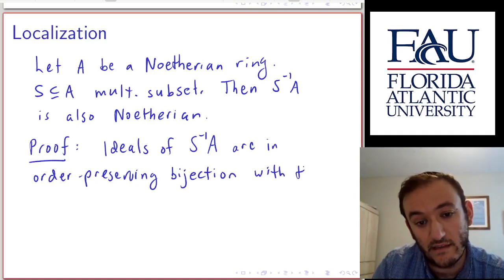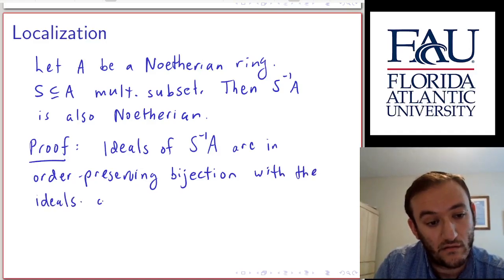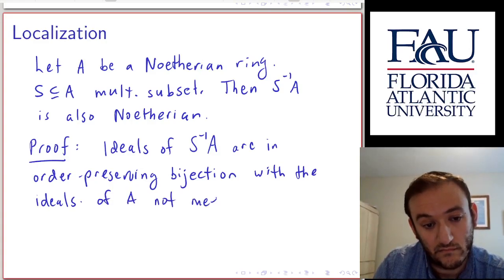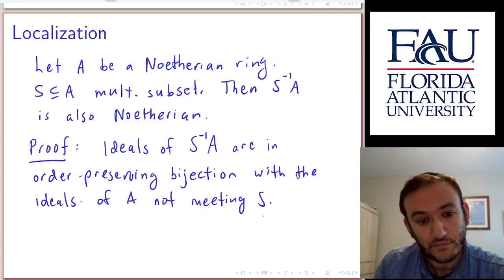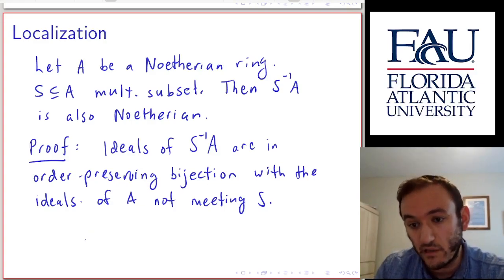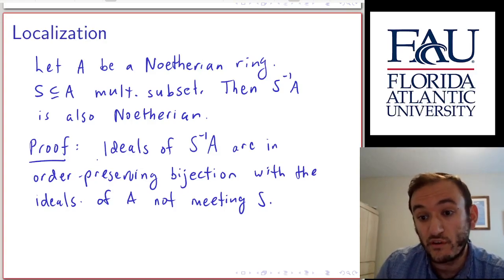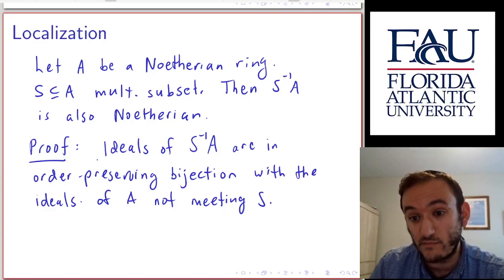With the ideals of A not meeting S. So, given that we have this bijection, if we have some collection of ideals in the localization, those are in bijection with ideals in the original ring, which therefore have a maximal element.